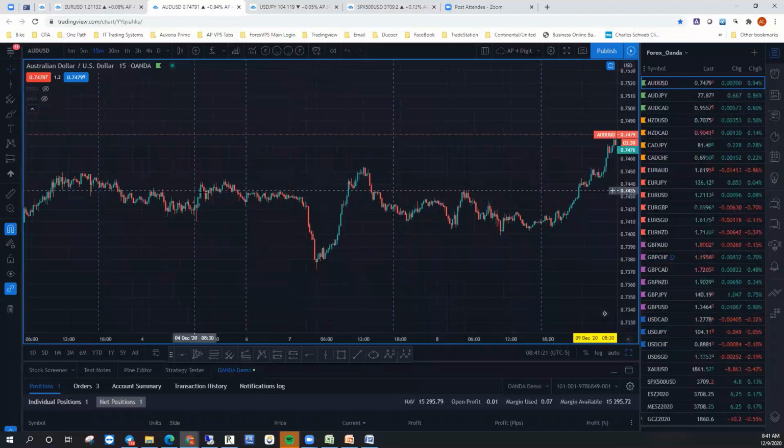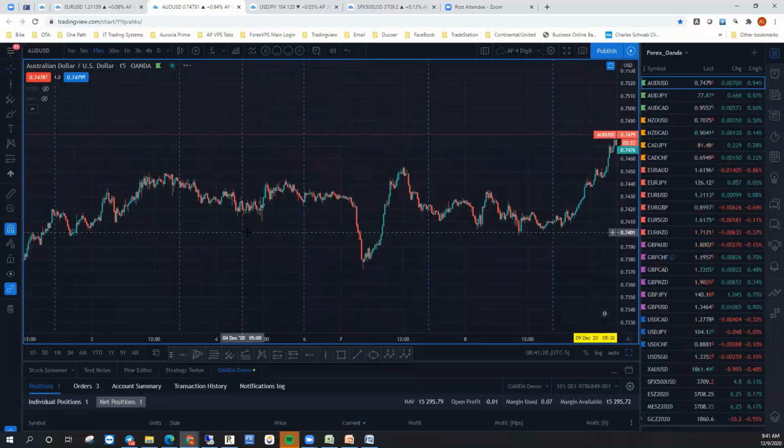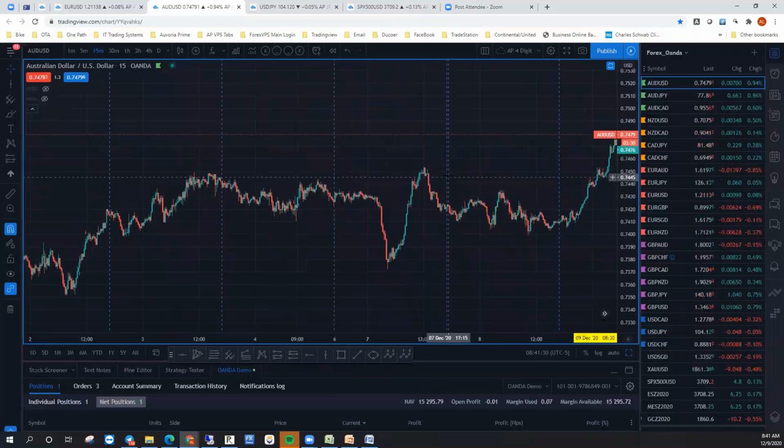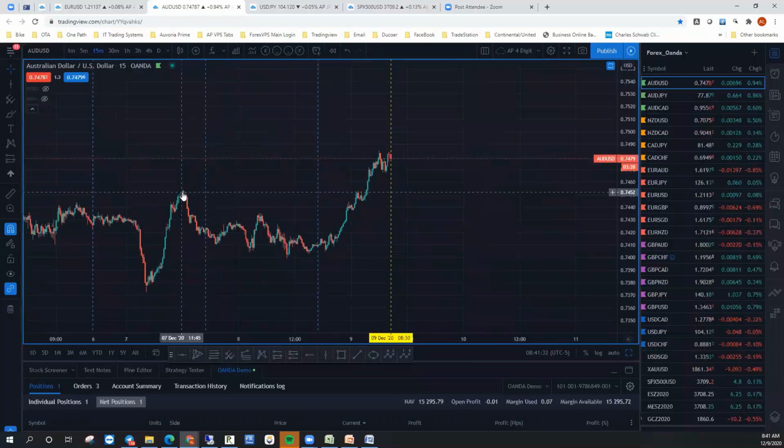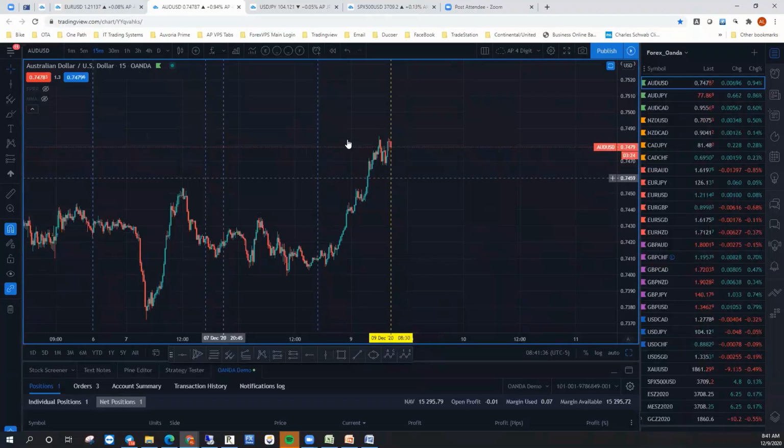This would be Friday, somewhat range bound. I'm going to be looking at this trend from here up to here. It was an inside day yesterday, and now it's starting to break up, starting to trend a little bit inside of a range.